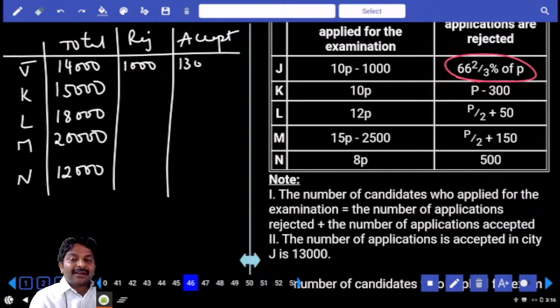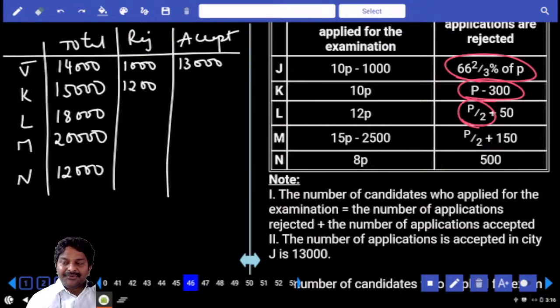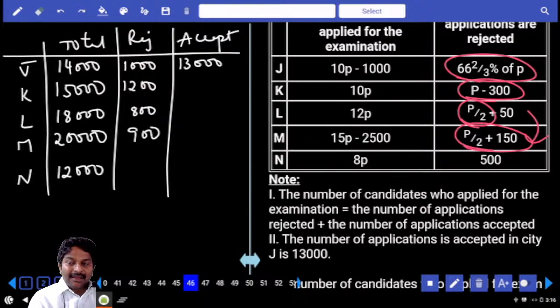Then accepted are 13,000. Already you know accepted is 13,000, given in the data. Difference 1000. P minus 300, 1200. P by 2, 750 plus 50, 800. Compared to the previous one, this is an addition of 100. 900.